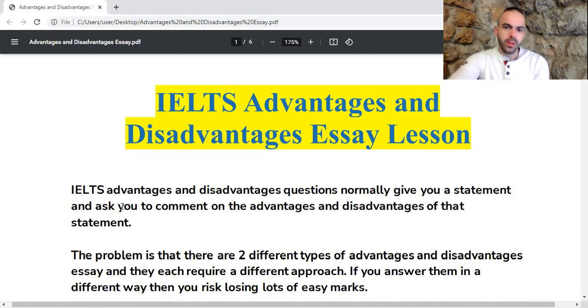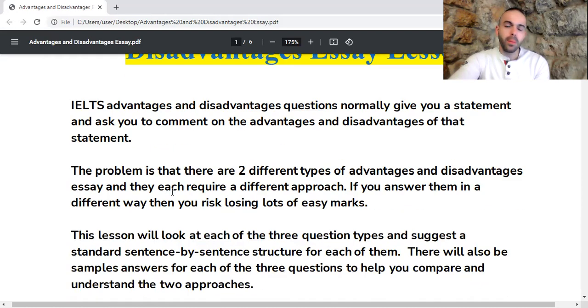As you can see, IELTS advantages and disadvantages questions normally give you a statement and ask you to comment on the advantages and disadvantages of that statement. The problem is that there are 2 different types of advantages and disadvantages essay, and they each require a different approach, as I have mentioned earlier. If you answer them in a different way, then you risk losing lots of easy marks.